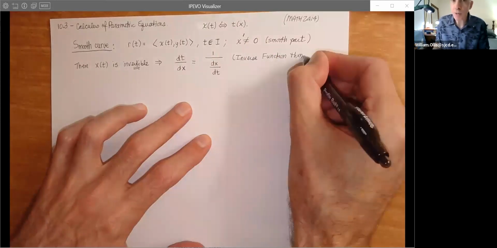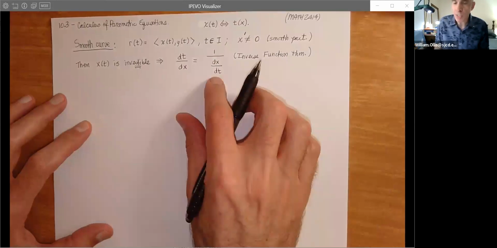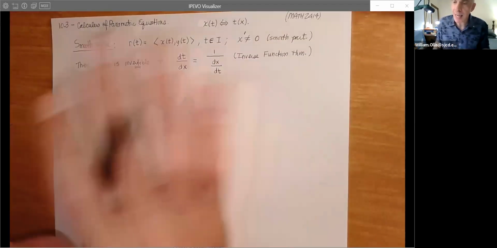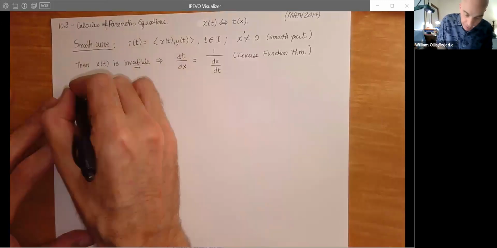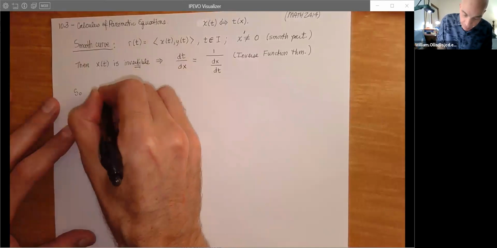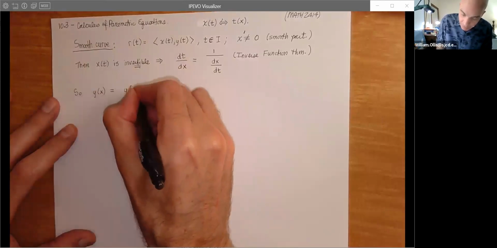This is an extremely important result, and we're sticking with the Leibniz notation for now, just to make sure that we keep everything straight between the t's and the x's. So y of x can be written as a composition, y of x of t.